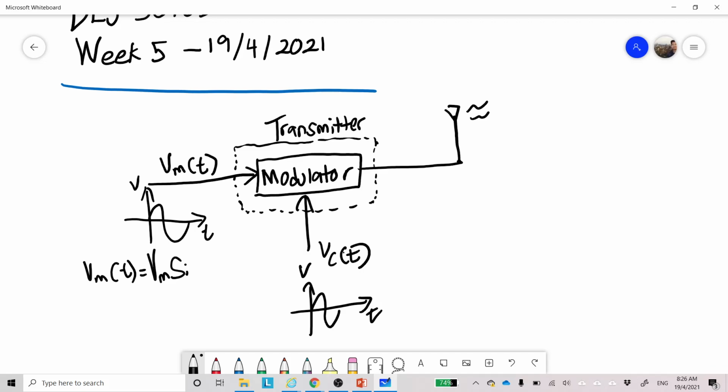So if you see from the input here, in your syllabus, it uses the sine wave. Sometimes if you read from other literature books, it uses the cosine function. So it doesn't matter.